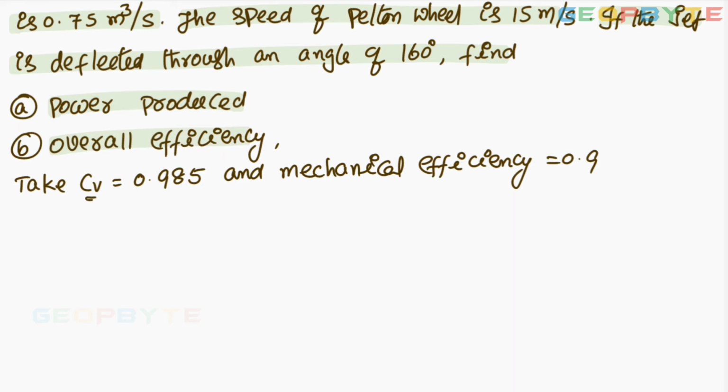Given that CV is 0.985 and mechanical efficiency 0.9, you know overall efficiency is equal to the product of hydraulic efficiency and mechanical efficiency. Let us write the given data.